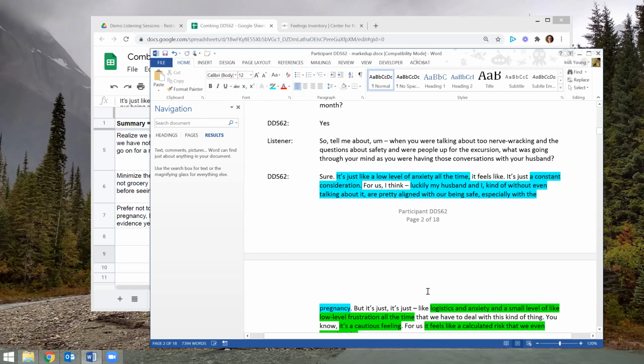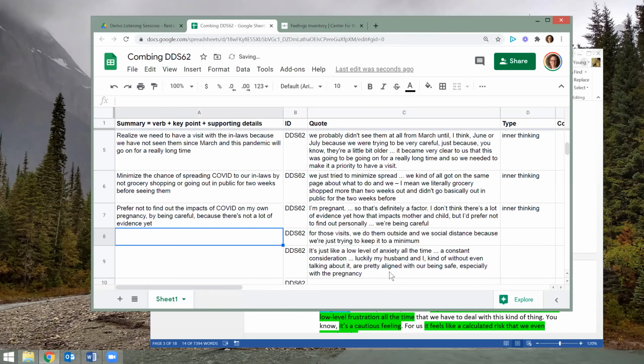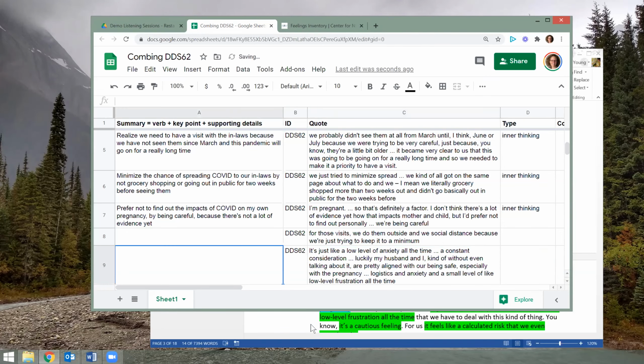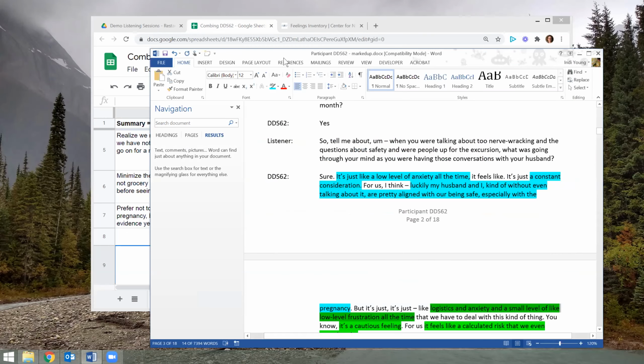And then logistics and anxiety and a low level of frustration all the time. And turn that blue. It's a cautious feeling.